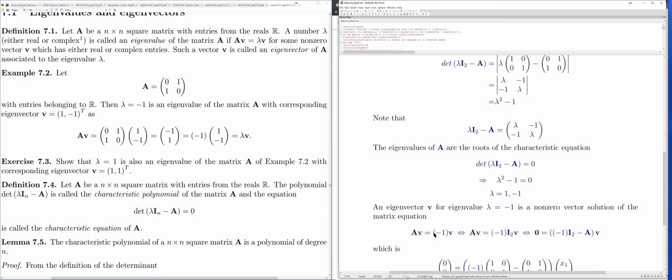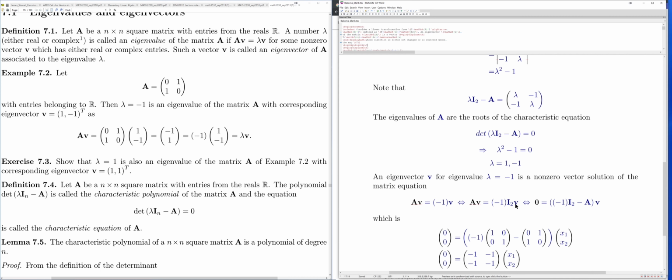This vector v on the right-hand side, I can always write it as the identity times v. You'll see in a second why I'd want to do this. Identity times any matrix just gives me back the same matrix.